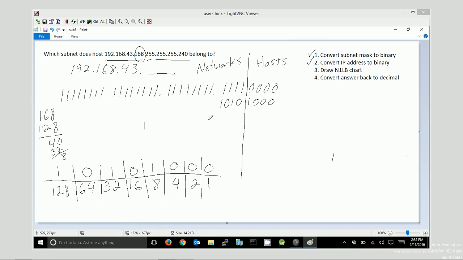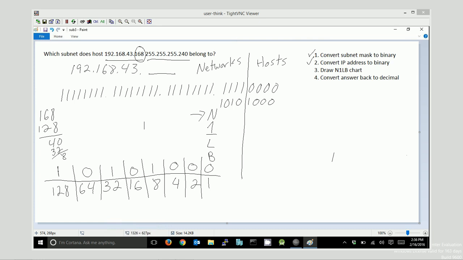So I draw a chart: N1LB. Network ID, first usable host, last usable host, broadcast address. This is going to help me solve for all four of those. Even though this problem is specifically asking for this piece, I can solve for all four at once.